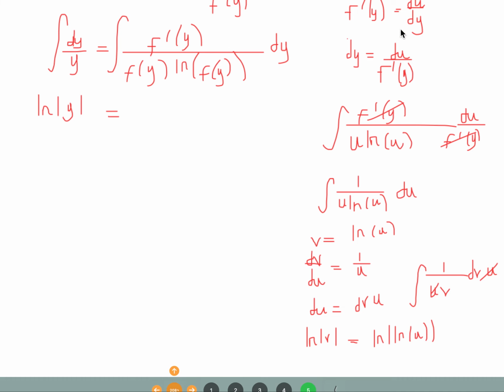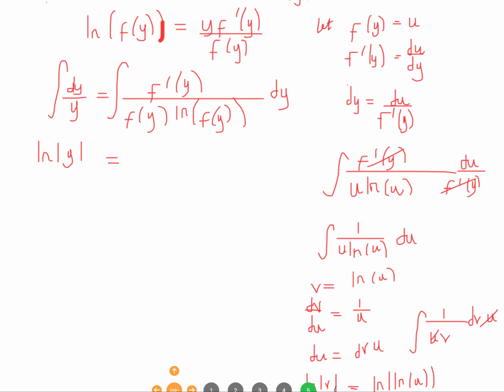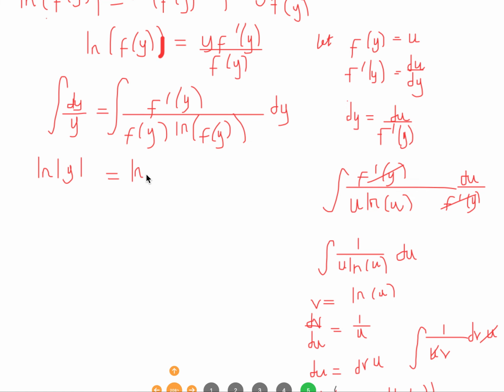And u was f of y. So this is going to be ln of f of y plus some constant, because we always need to have some constant when we integrate and we haven't got any limits.